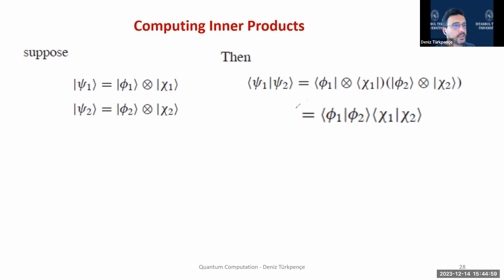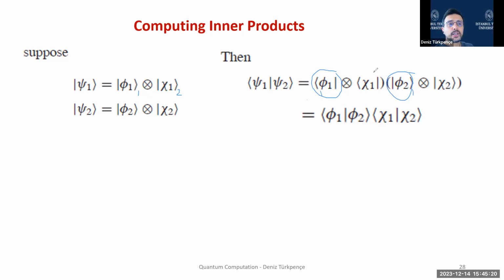But here, psi1 is in the first order and T1 is in the second order. Therefore, if you want to inner product, psi1 should be inner producted with psi2, because this is the first order and this is the first order.